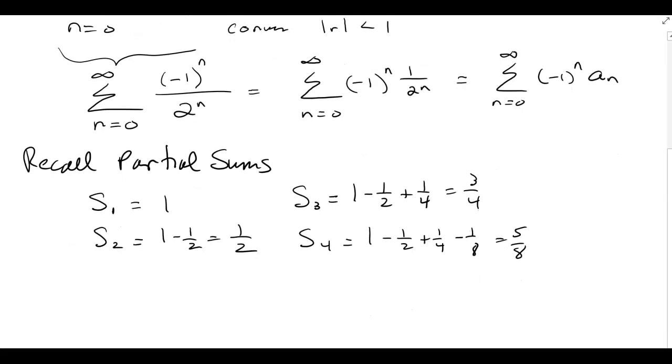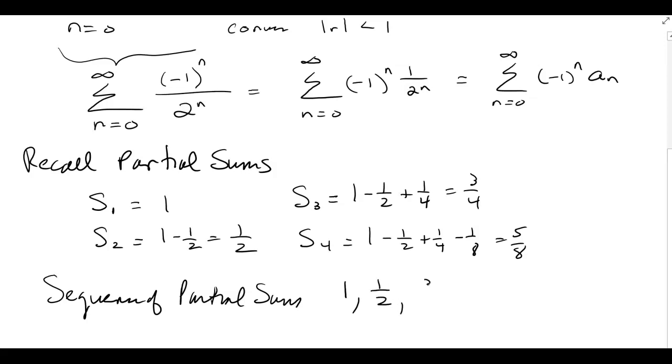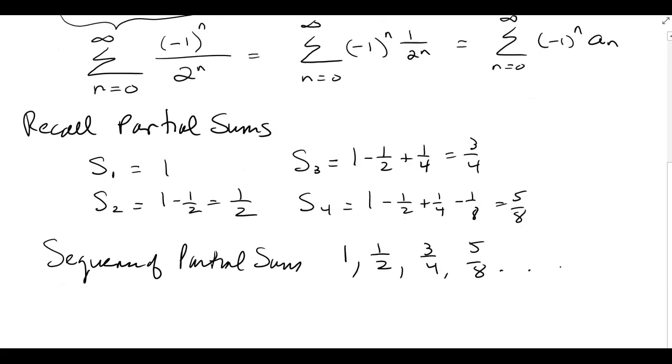So we can put together our sequence of partial sums. Our sequence of partial sums goes 1. Remember, it's a sequence. We're not adding all the sums together. So what is that?